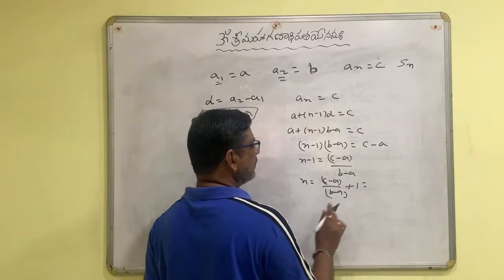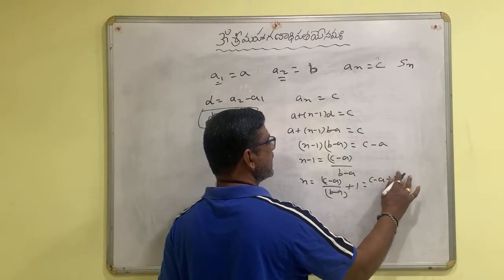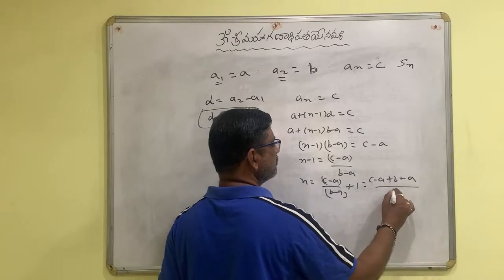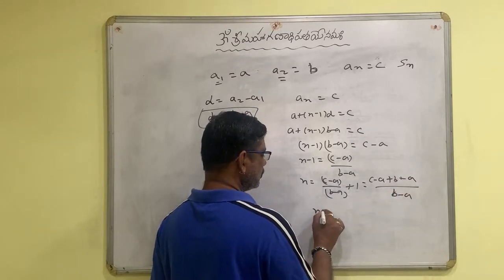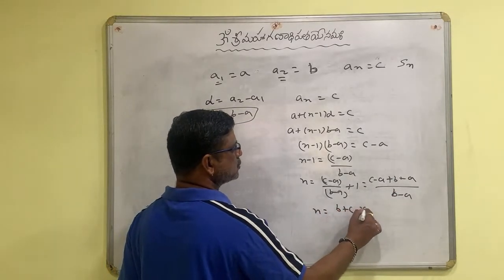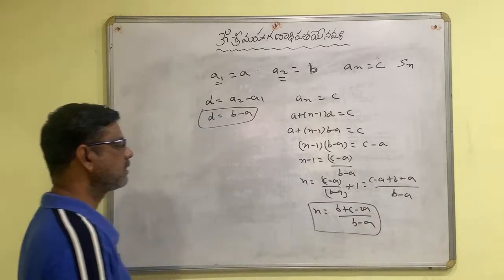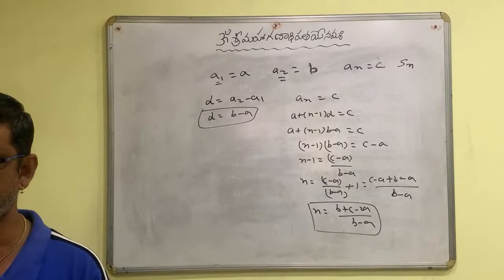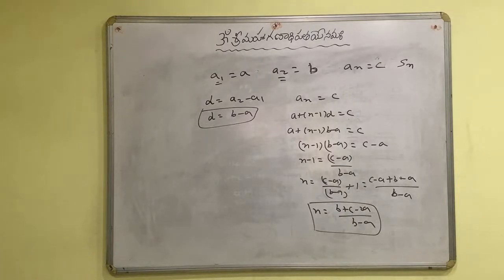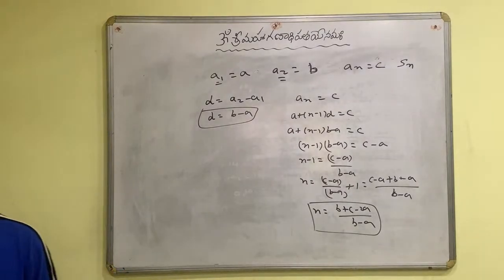So after simplification, what we will get? C minus A plus B minus A by B minus A. So N value is B plus C minus 2A by B minus A. Okay, children. What is N value? B plus C minus 2A by B minus A. Okay?